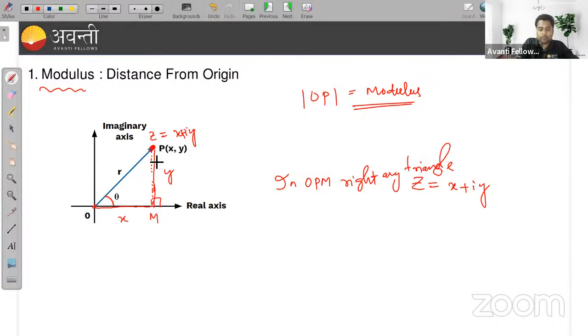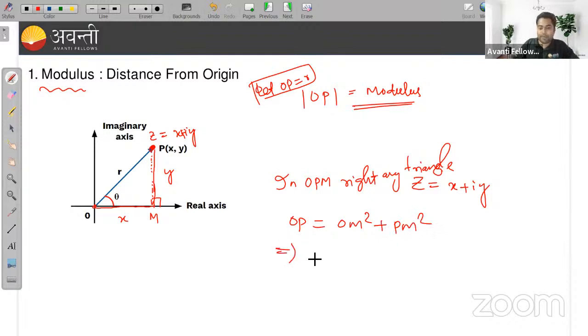Clear? Sure. If you apply the Pythagoras theorem, can you say what is the length of OP? Suppose I am taking OP as r. So OP square is equal to OM square plus PM square.